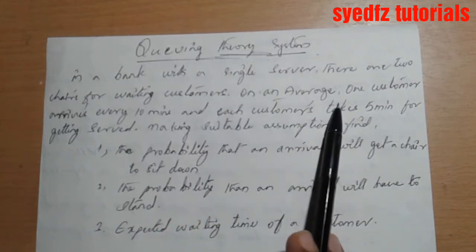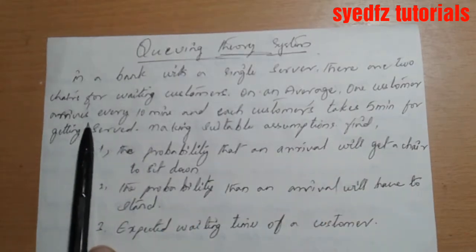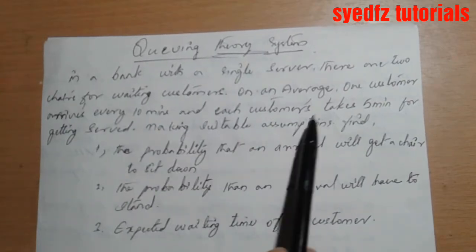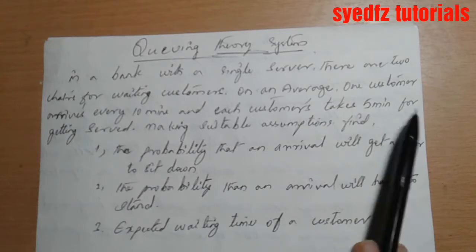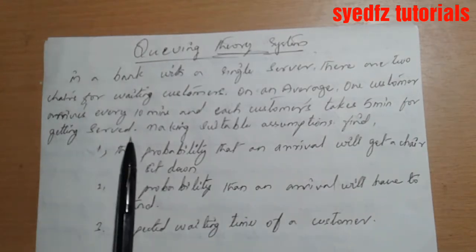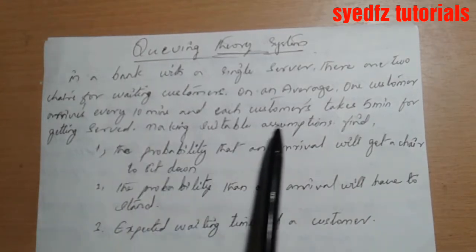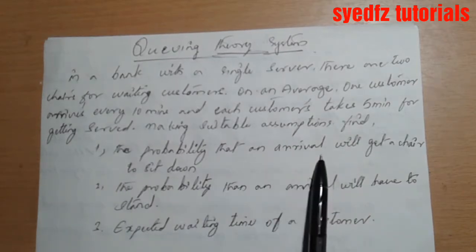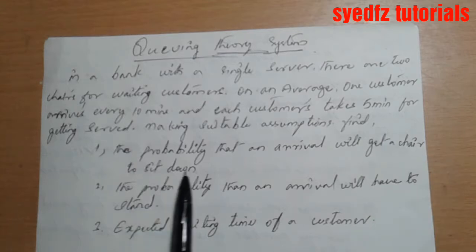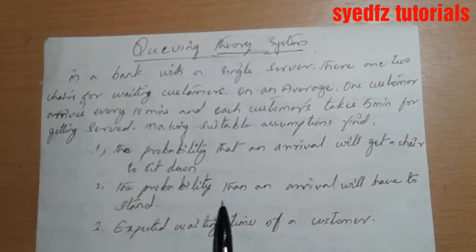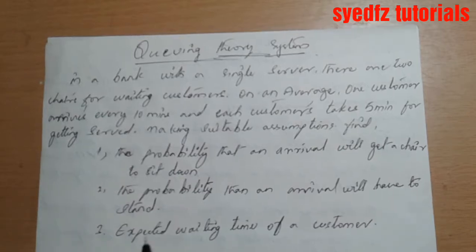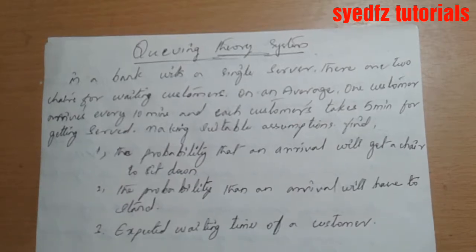On an average, one customer arrives every 10 minutes and each customer takes 5 minutes for getting served. Making suitable assumptions, find the probability that an arrival will get a chair to sit down, the probability that an arrival will have to stand, and the expected waiting time of a customer.